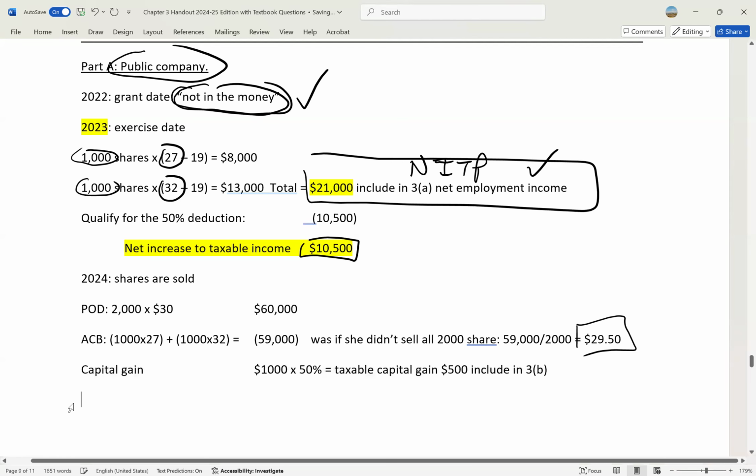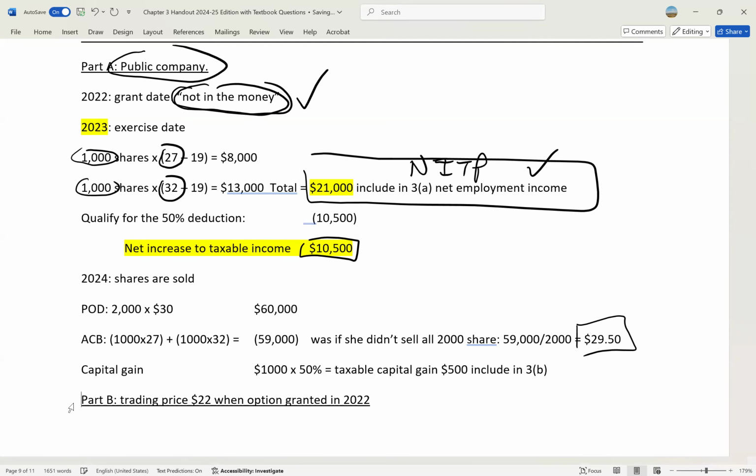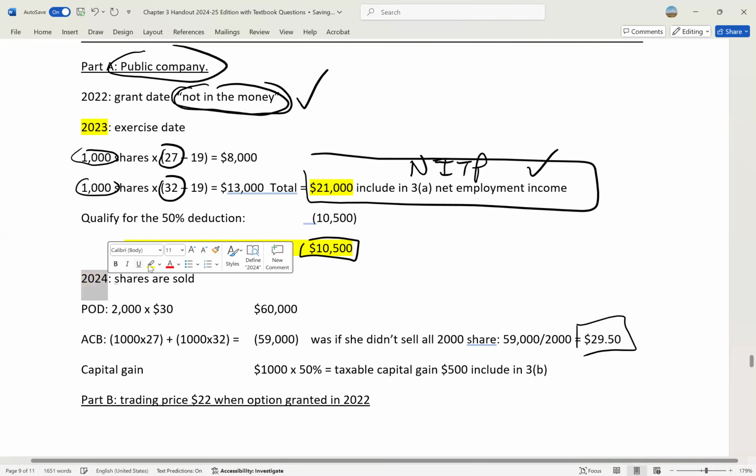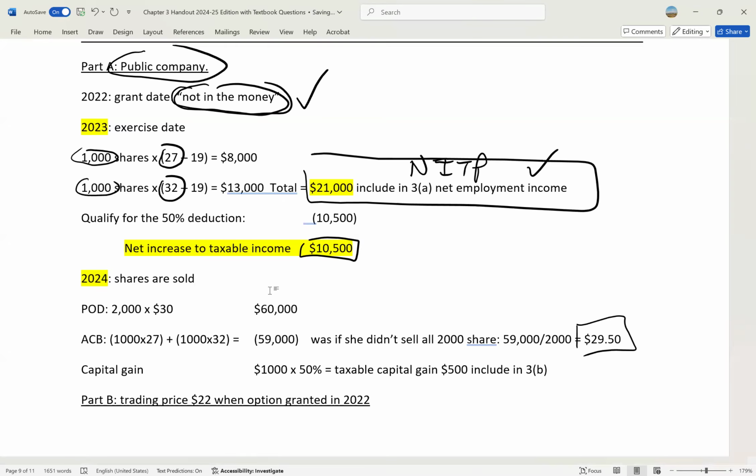Any questions about Part A? So two different years here, 2023 and 2024. In 2023, she has that net employment income inclusion minus the 50% stock option deduction. 2024 is when she realizes the capital gain, of which 50% is taxable.